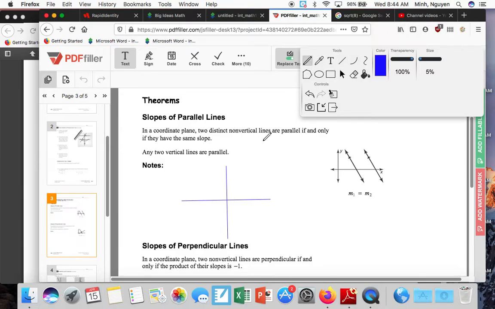So don't forget that slope is rise over run. And so let's say I had something like, just for example, 5 over 1. That means up 5 over 1. So here's what that would look like.